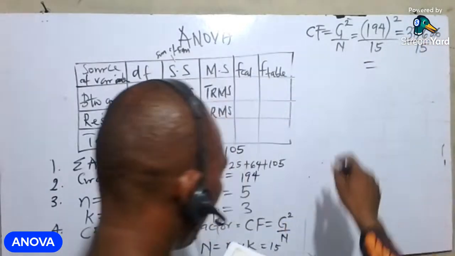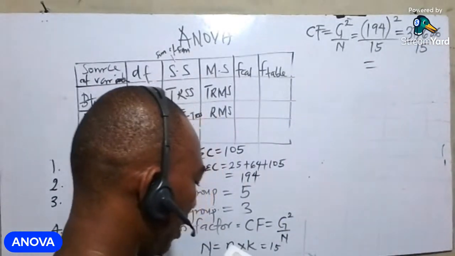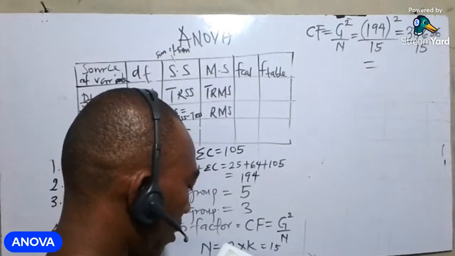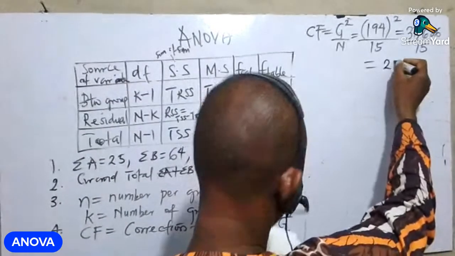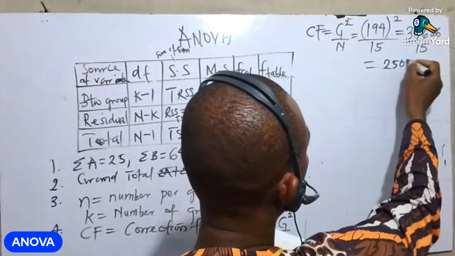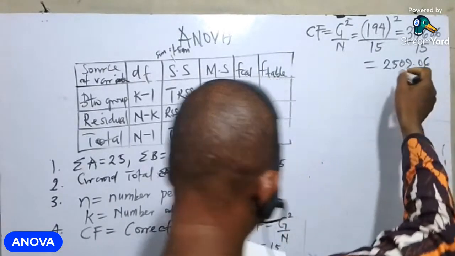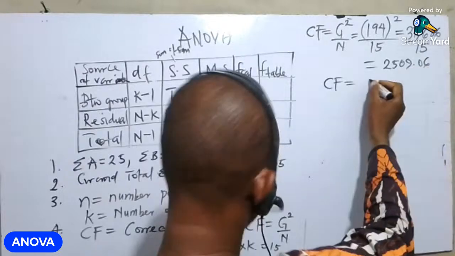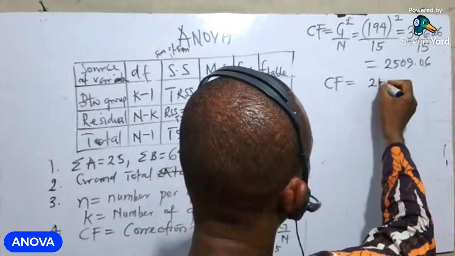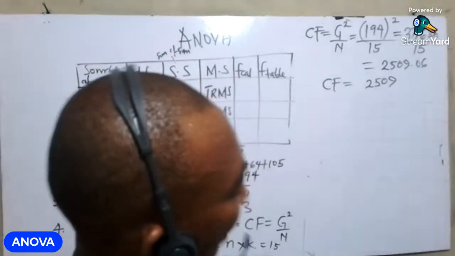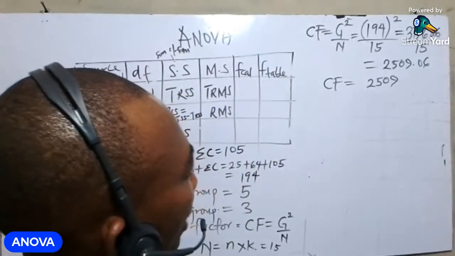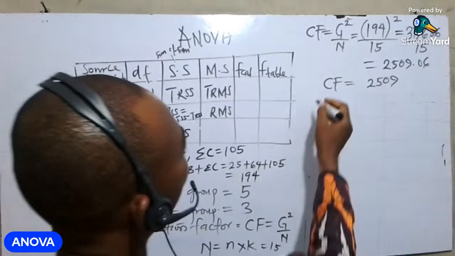When you divide that by 15, that will give me 2,509.06. So our CF is equal to 2,509, approximated to the nearest whole number. So we are done with step 4.